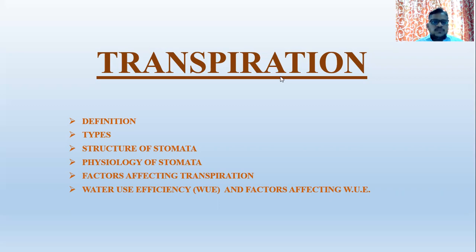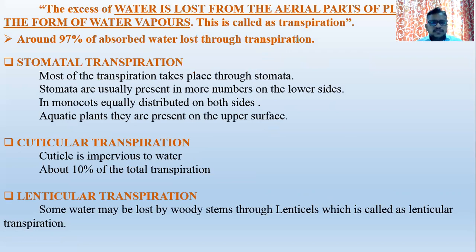The water which is absorbed by the roots is used for different metabolic activities in the plant body, and the majority of the water is released by the plant in different forms, one important form being water vapor. So the definition of transpiration is: the excess water lost from the aerial parts of plants in the form of water vapor.